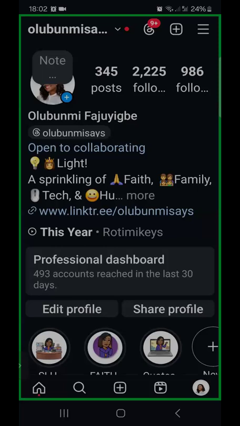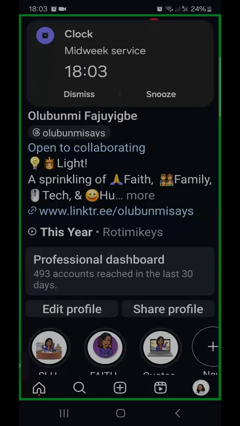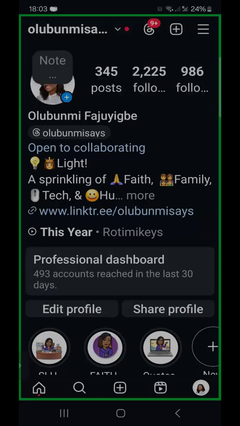The second type are people who run businesses and are using Instagram as a platform to market their businesses online. The third type are people who work in an organization and they're in charge of the social media marketing or digital marketing for that organization.